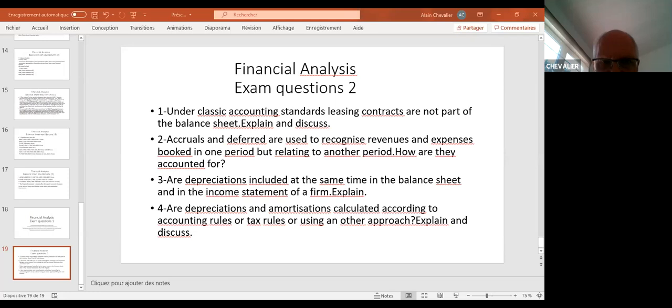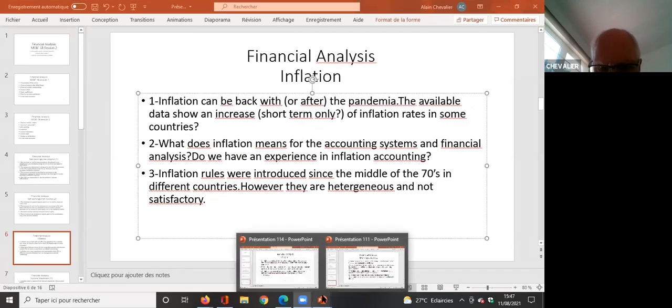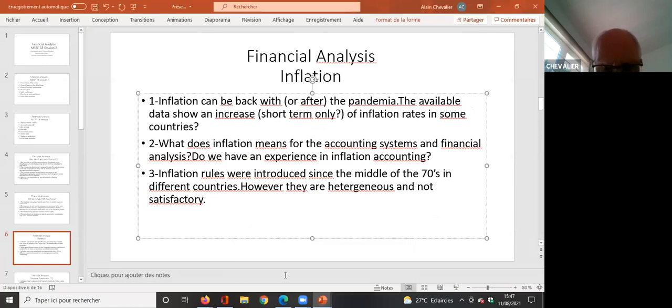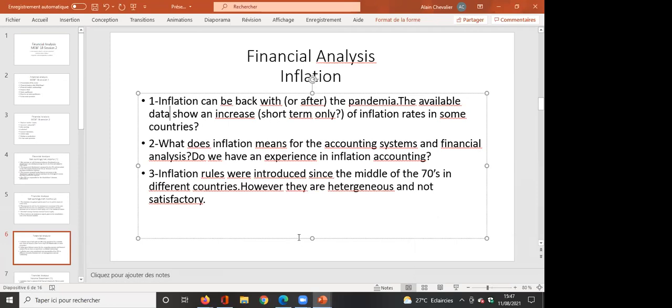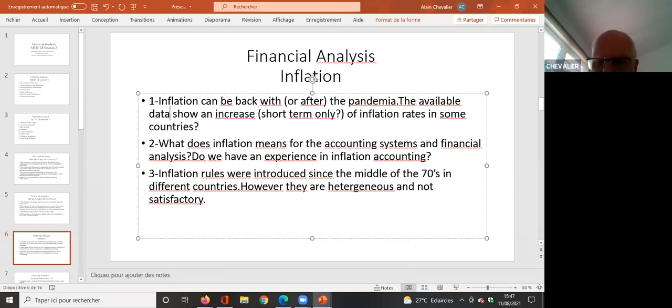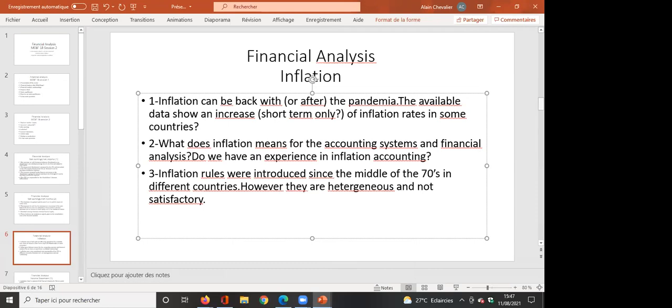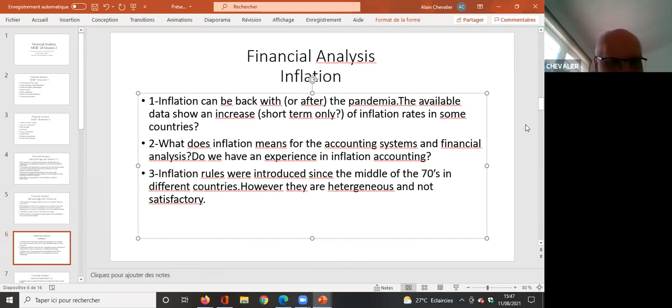I'm supposed to be on inflation here. And now, any change? Yes, okay now. It's slide 6, financial analysis, inflation. Is that right? You're right. Yeah, that's the right one. I'm sorry for that. So don't hesitate to say something when I'm wrong, you know.